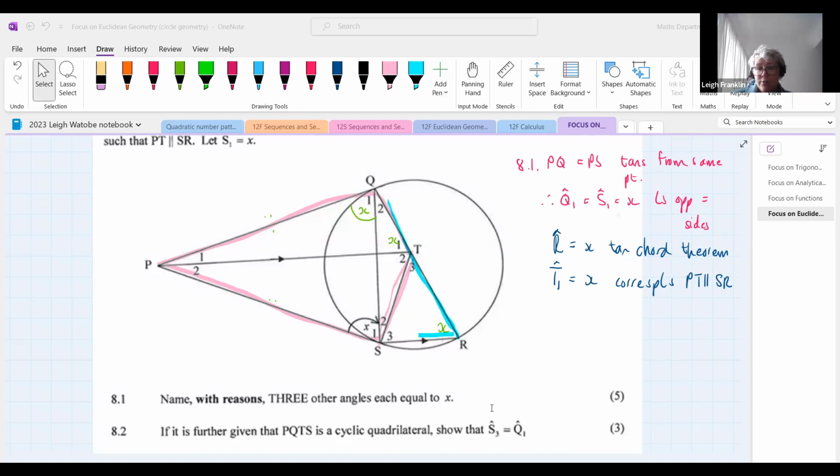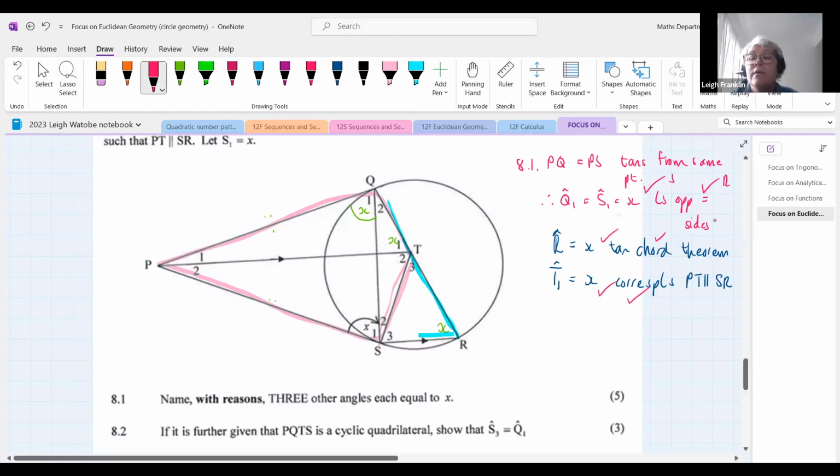We can get R from tan chord theorem, and we can get T1 from corresponding angles. So statement, reason, statement, reason, statement, reason would be the order of the day here for all of these marks.